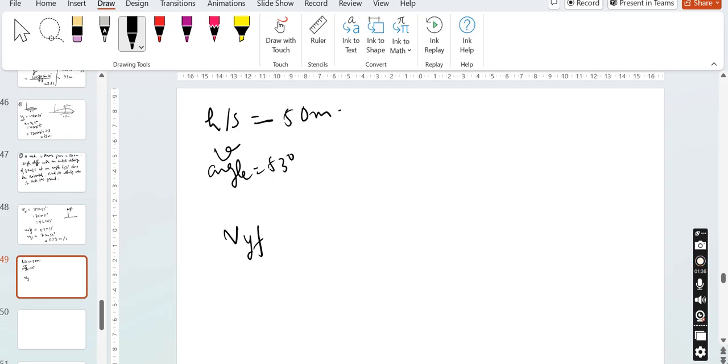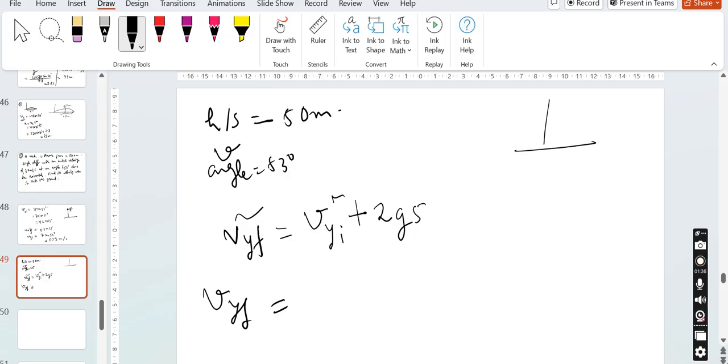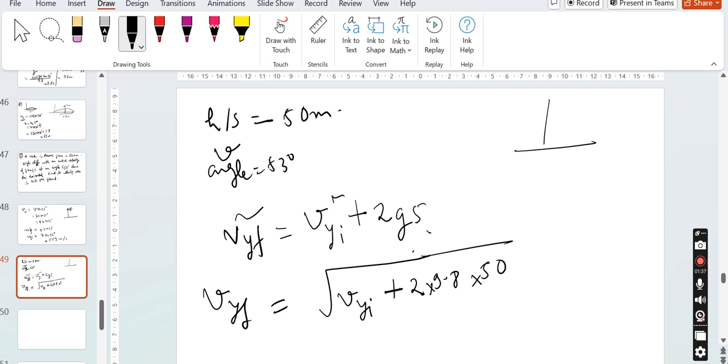So to know vyf, we need to use the equation vyf squared equals vyi squared minus 2gs. g is negative, s is negative, so basically it becomes positive. 2 into 9.8 into s, which is 50 meter.